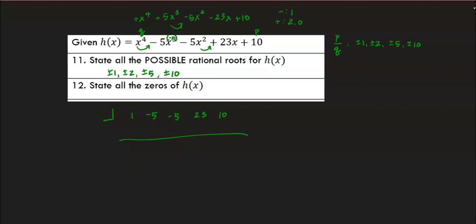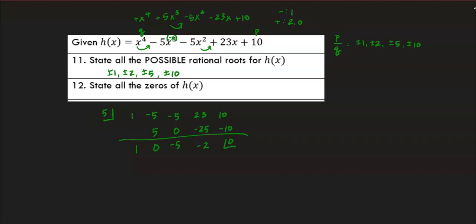Okay, let's try 5. 1, and then 5, 0, and then 0, -5, -25, and then it's a -2, -10.